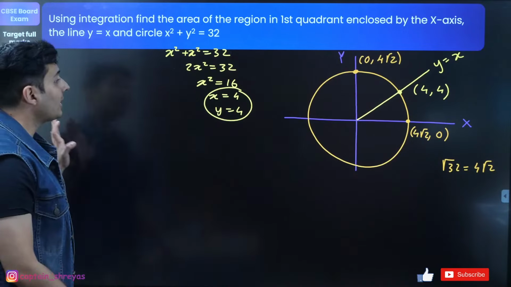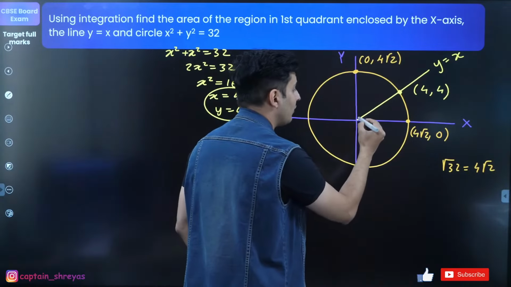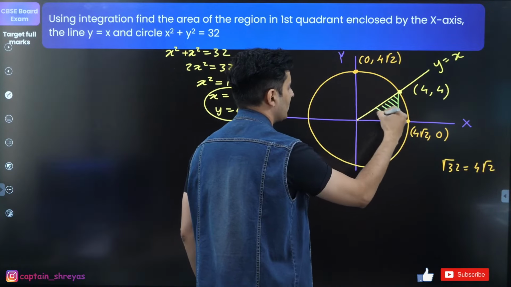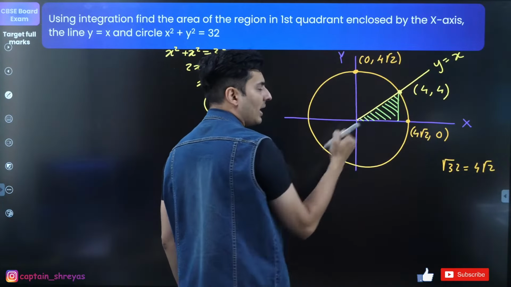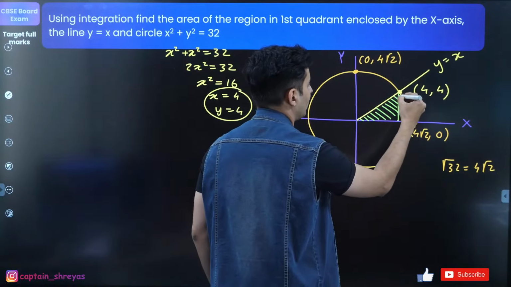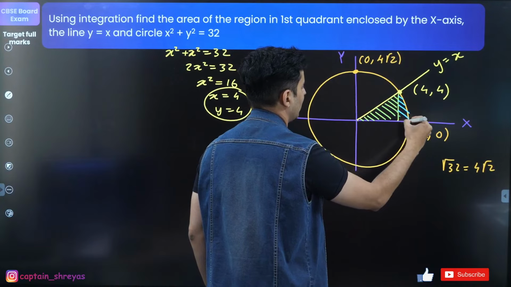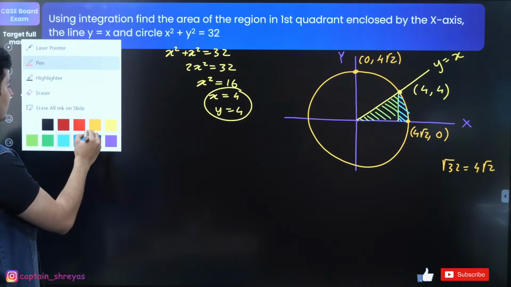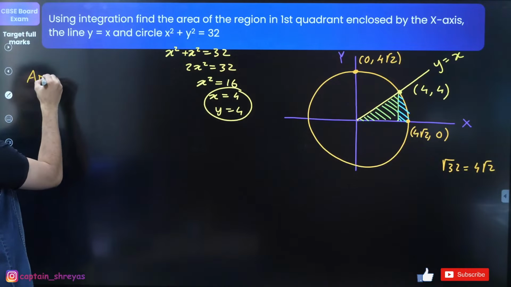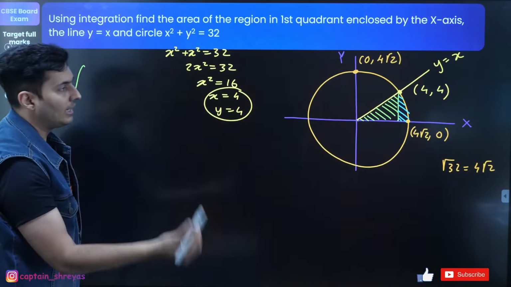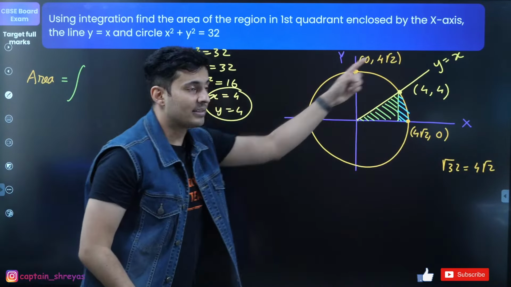Next, find the area. So find from this point to this point separately. This area you find out separately, because this is one function. And from this point to this point, you find it out separately. The functions are different. So the total area, guys, will be basically the area under the line y is equal to x.